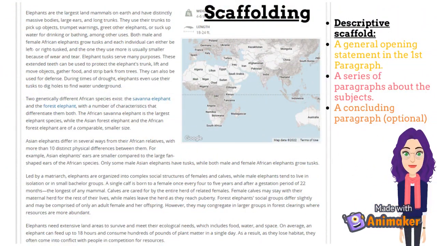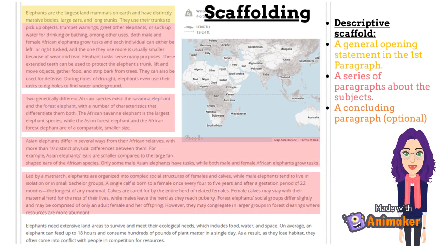As we learned previously, there are different types of scaffolding for each text type. So for the first text, we will use the descriptive scaffold: a general opening statement in the first paragraph, a series of paragraphs about the subject, and a concluding paragraph that in this case is optional.